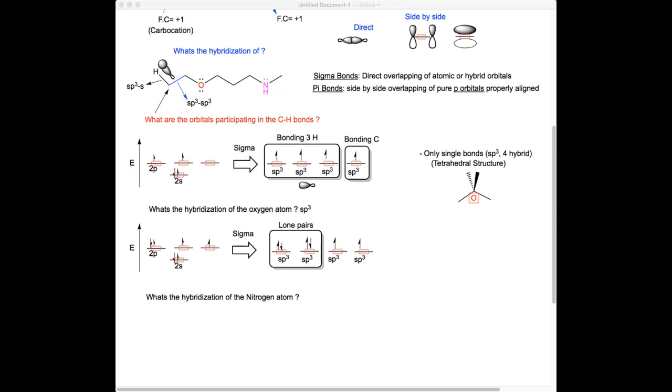In fact, you know what, I'm gonna do a polling because I wanna make sure that you guys are paying attention and I wanna get a sense of how this is going. So in which orbital is the lone pair of nitrogen located?